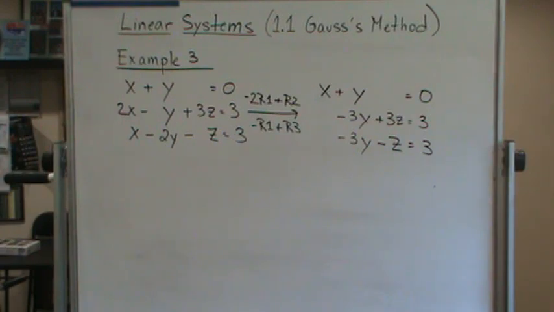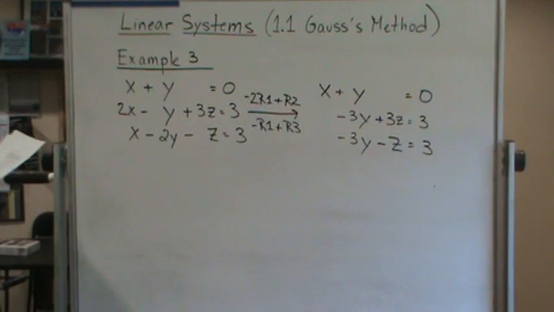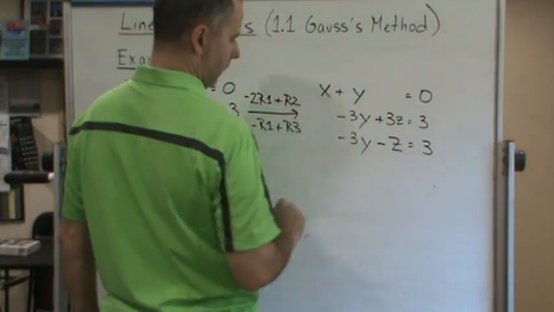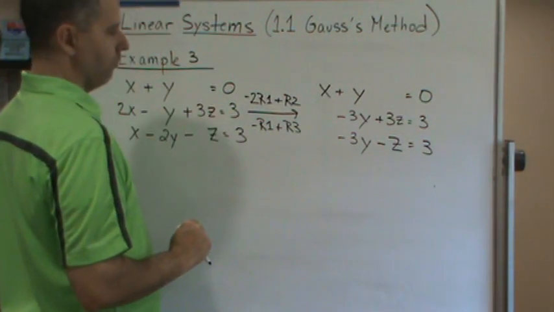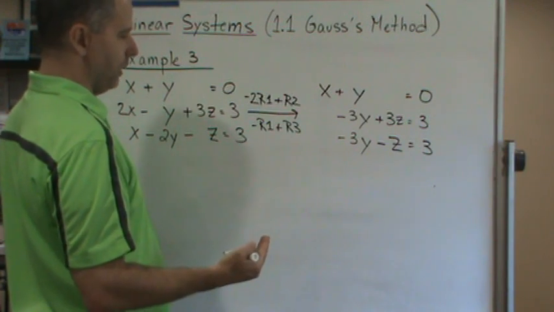Okay, now what do we want to do? Well, we want to get rid of this y. And so how do we do that? Well, we're going to do something similar to what we did before.